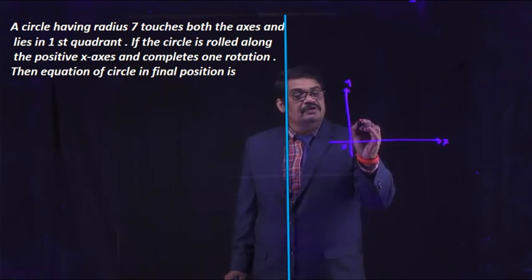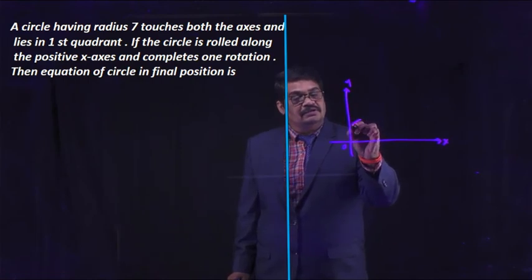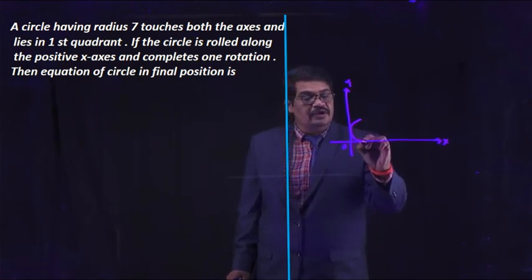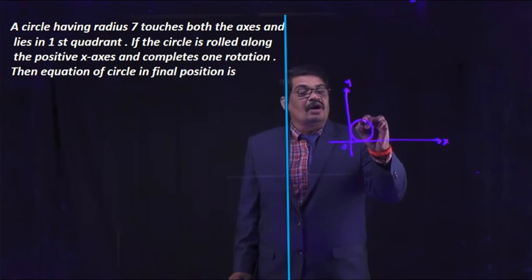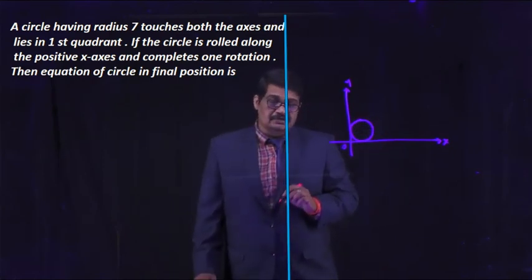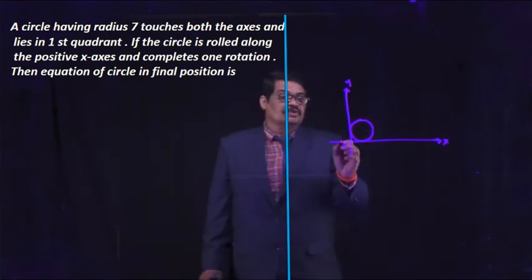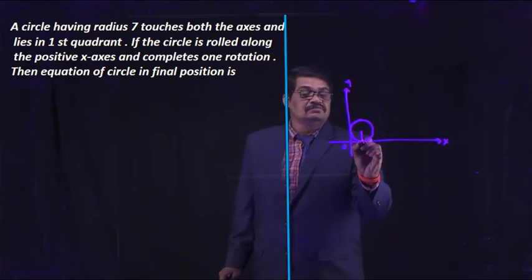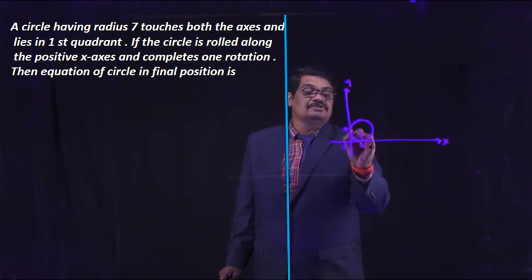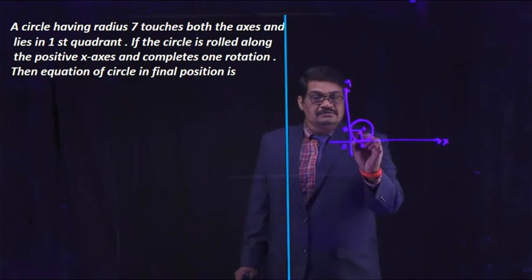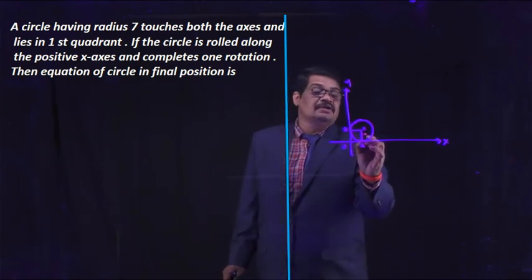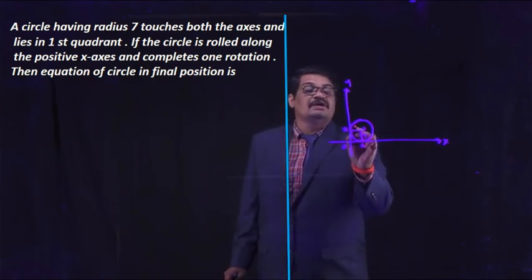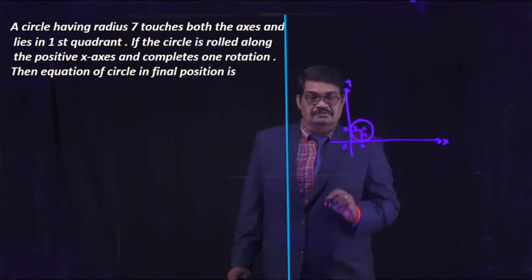This is the first position of the circle, touching both the coordinate axes and having the radius 7 units. Here this is the center. This is the touching point A and this touching point is say B. Join this. So here the radius is 7, then CA distance is 7 and CB distance is also 7.